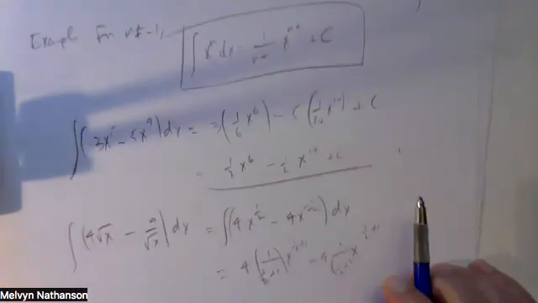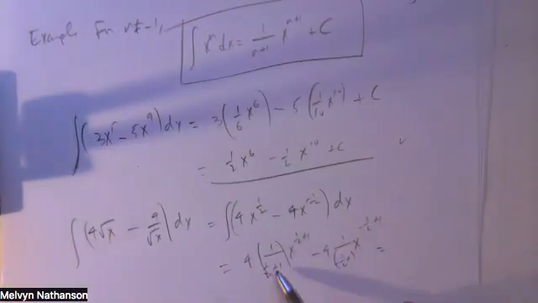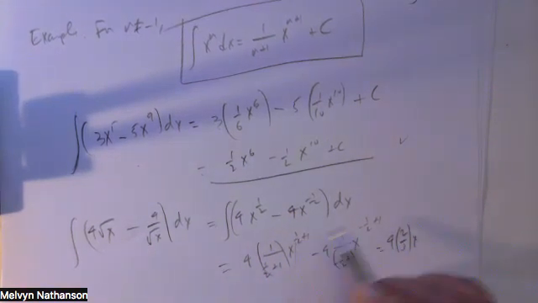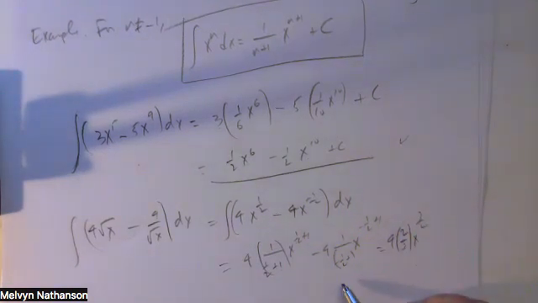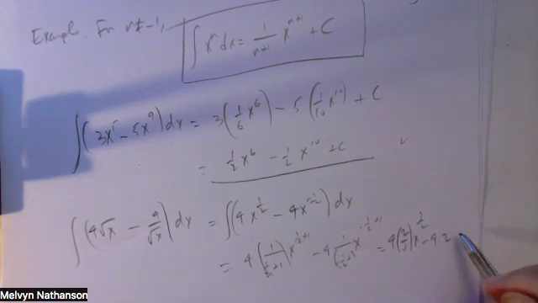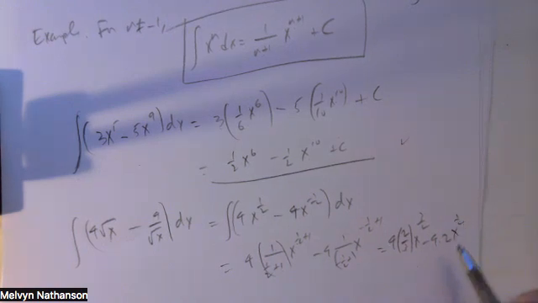So if you do your arithmetic correctly, this is 1 over 3/2, which is 2/3. X to 1/2 plus 1 is 3/2. This is 1 minus 1/2, which is 1/2. So 1 over 1/2 is 2 minus 4 times 2, x to the 1/2.